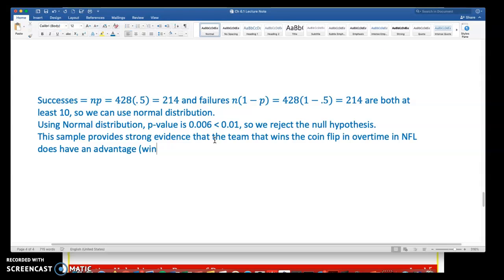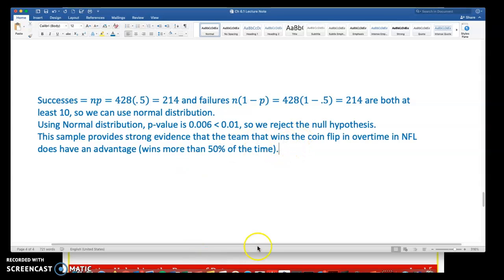Up in parentheses, wins more than 50% of the time. And that would be our concluding sentence. This, again, is something I would want, say, a student who hasn't taken stats yet to be able to at least get your conclusion. Evidence that it does seem to help to win the coin flip in overtime in the NFL.